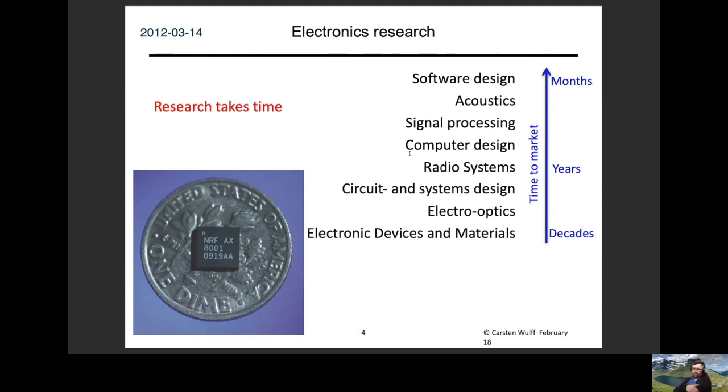When it comes to electronics, it is important to realize that although it may appear that the progress is extremely quick, it is actually relatively slow.